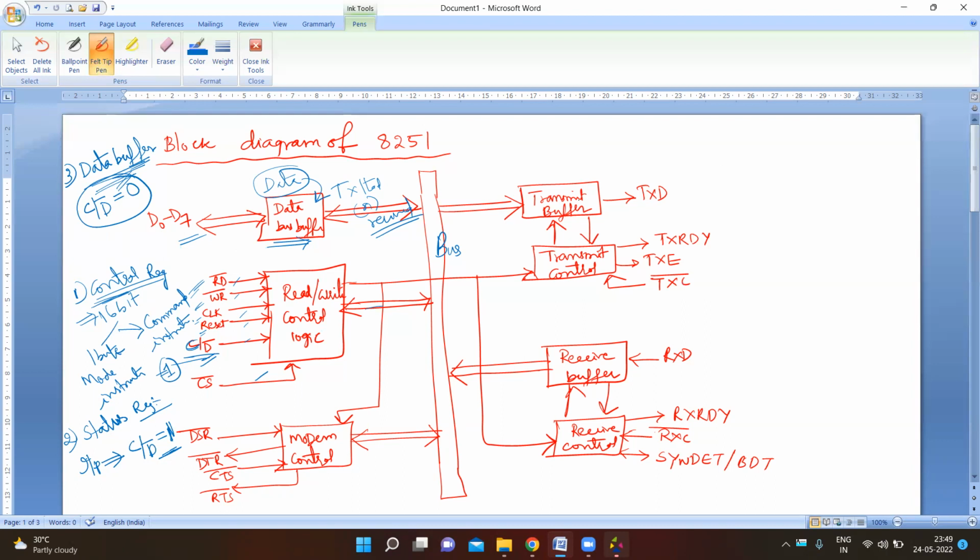Next one is the transmitter section. The transmitter section accepts the parallel data from the microprocessor unit.